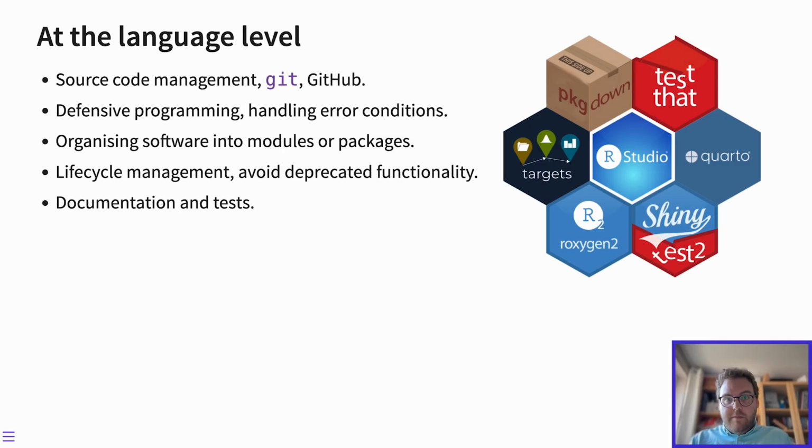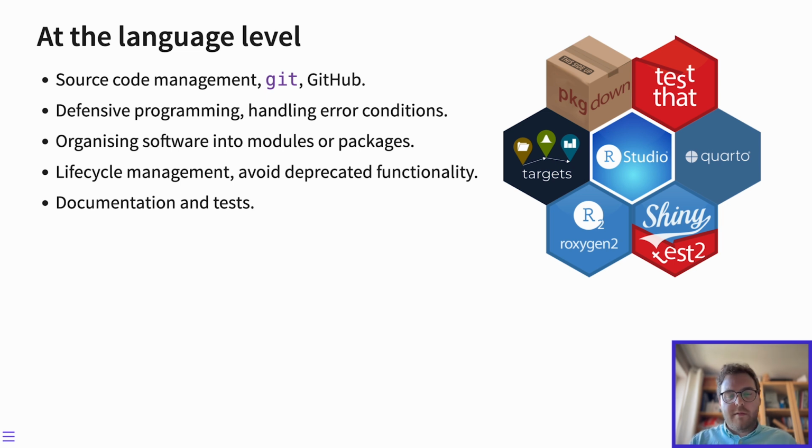The next level, once you've written a good solid piece of code, you're checking for errors, and you've made sure you know where your scripts live, is what I called the language level. Now we're starting to talk about good software engineering. The idea of making sure that your code is kept in something like Git for source code management, programming defensively, so if something could fail, checking for such a failure condition and handling that.